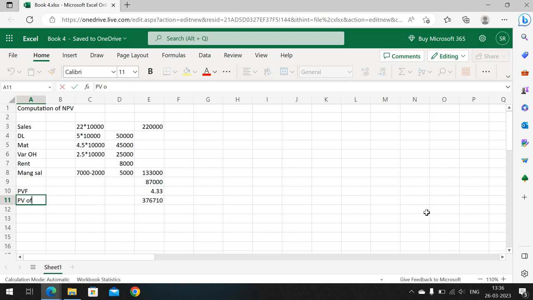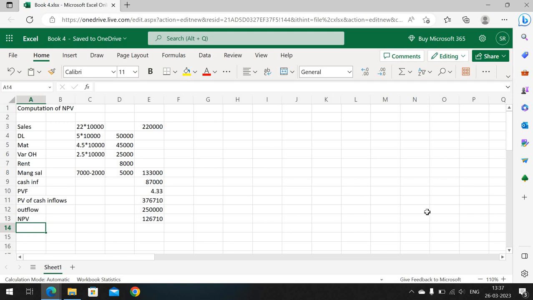Present value of cash inflows. Here outflow is they have mentioned 2,50,000. So 3,76,000 minus 2,50,000, 1,26,710. This is our NPV. Since NPV is positive, we can go for this.